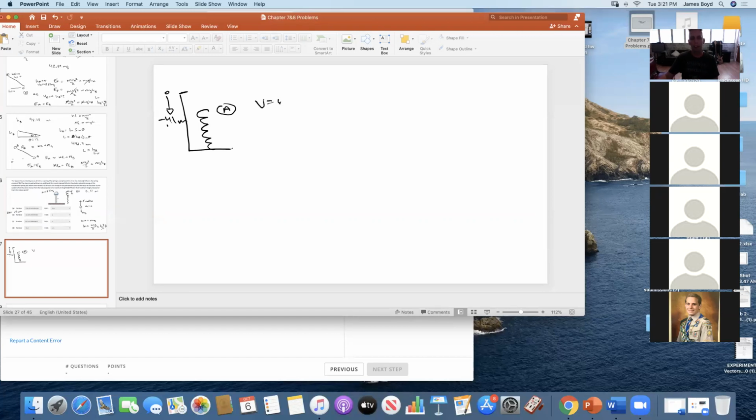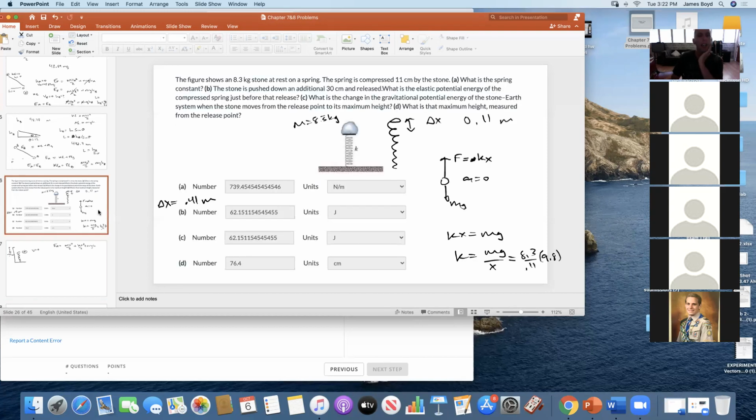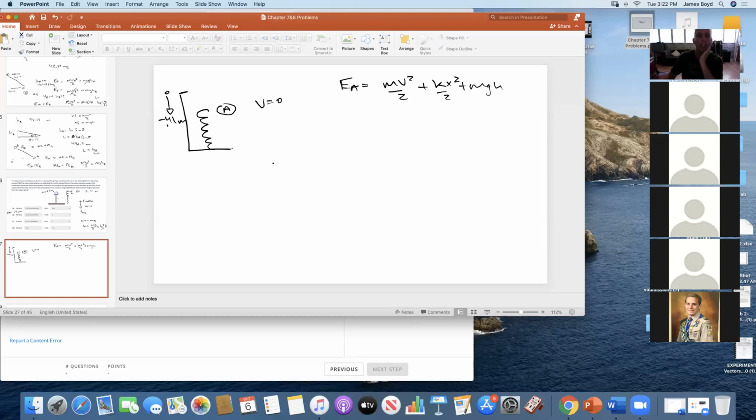There is no v here. So our energy at A is mv squared over 2 plus kx squared over 2 because it's a spring, and x is measured from the 0 point of the spring, plus mgh, and so on. But what they want to know is the elastic potential energy in the spring.